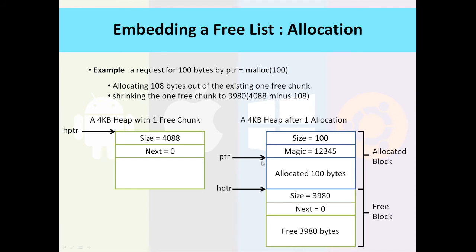We have our pointer, which points to the start of this data. And we have our remaining free block, which you can see has been reduced in size. It still points to 0 because it's just a single free block and there are no additional free blocks. But now it is smaller by 108 bytes. Cool. So that's what happens during allocation.